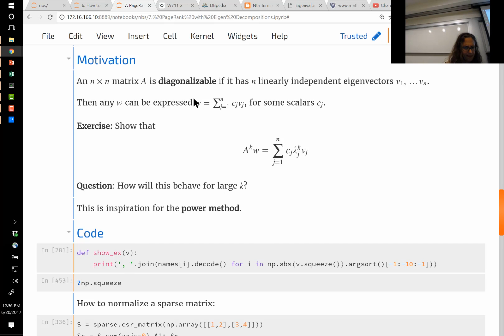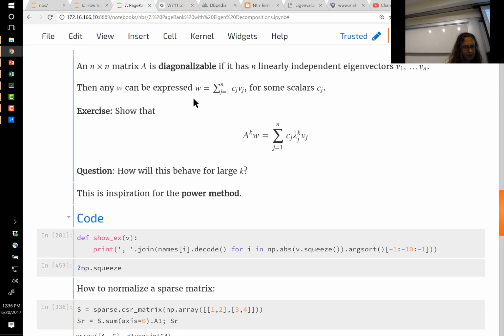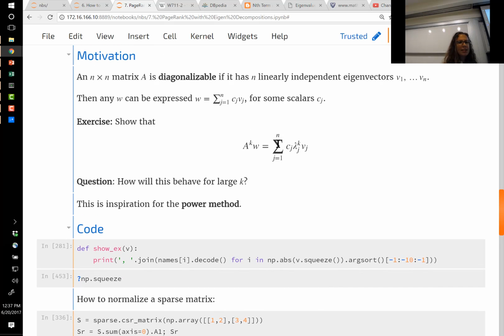Actually, I'm going to skip this part. This is similar to what we talked about below with the matrix powers. But the idea is that a matrix is diagonalizable if it has n linearly independent eigenvectors, v1 through vn. And then any vector can be expressed as a linear combination of the eigenvectors.